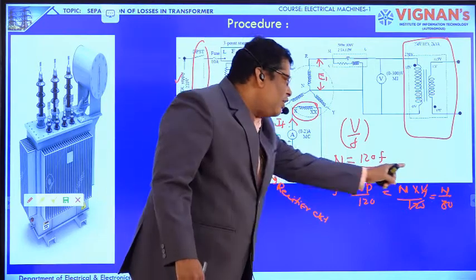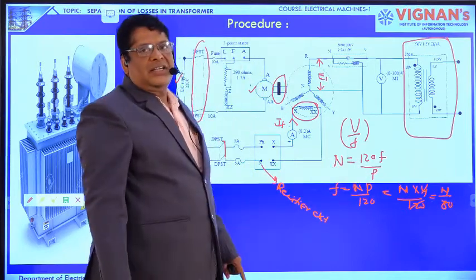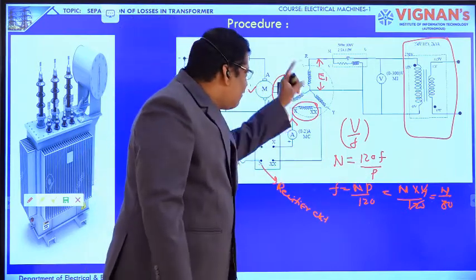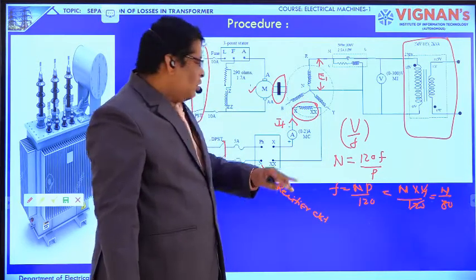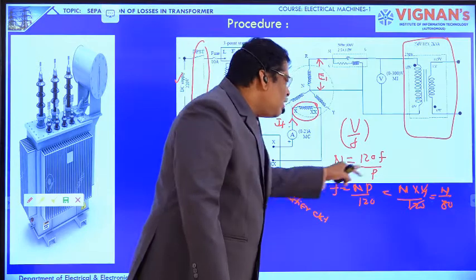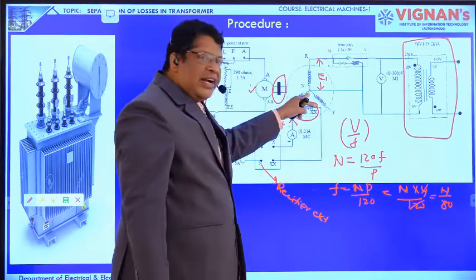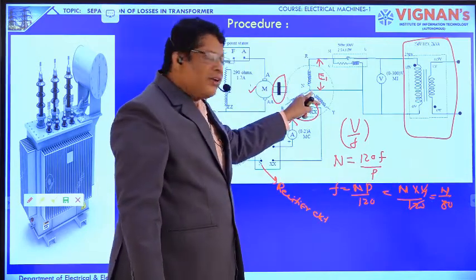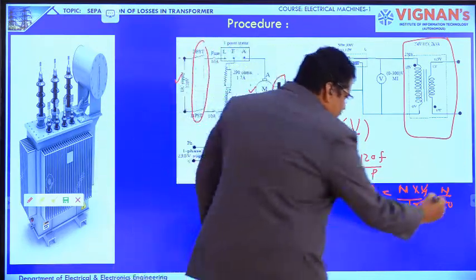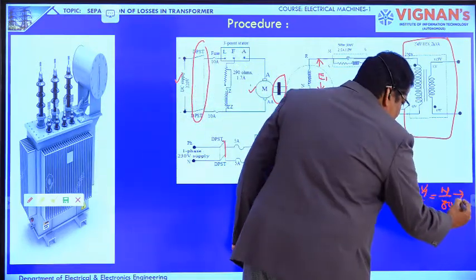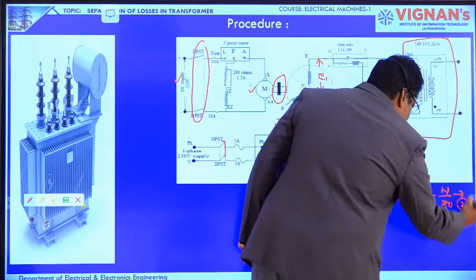So the frequency equals N by 30 for the given alternator which has 4 poles. This is the relation between the frequency and the speed of the alternator, where the speed of the alternator is the same as the speed of the motor. Take this as equation 2.